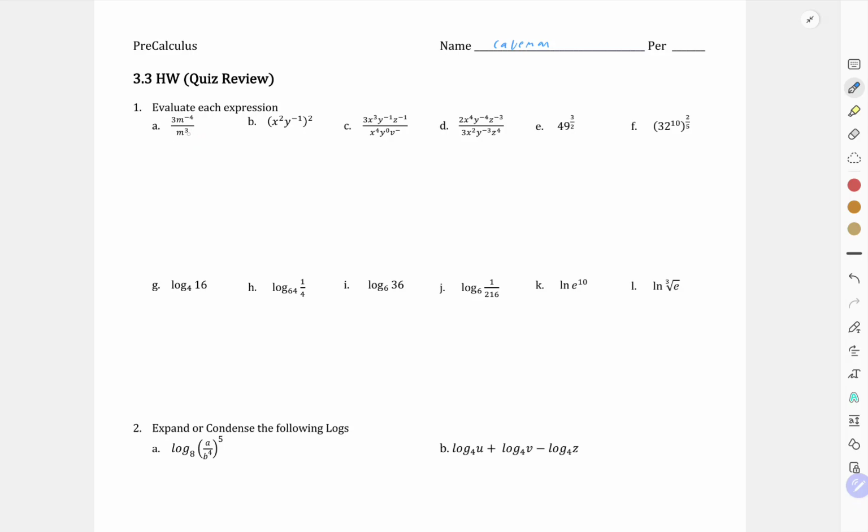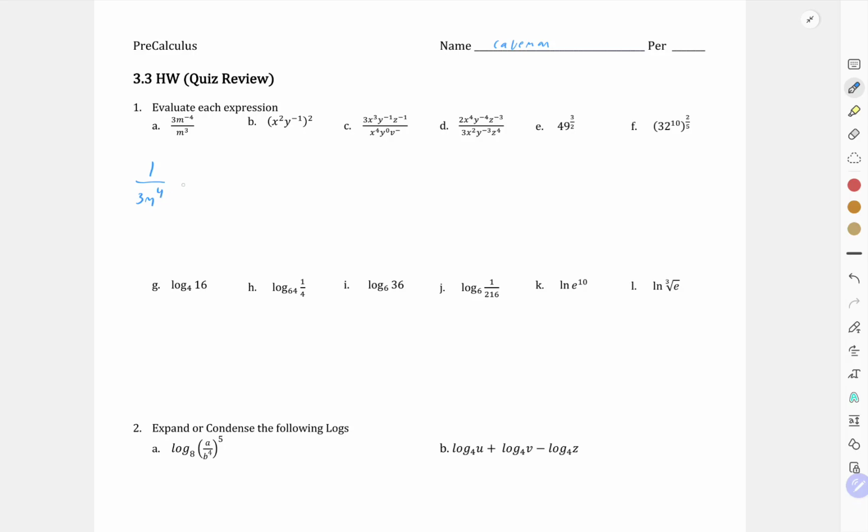Now, the first approach to this would be fixing the exponents in the terms. So here, I would say this is 3m to the power of negative 4. When we see something like this and want to evaluate it, we look at the whole term and, since it's negative, we take the reciprocal. So it would be 3m to the positive 4, and not a negative exponent.